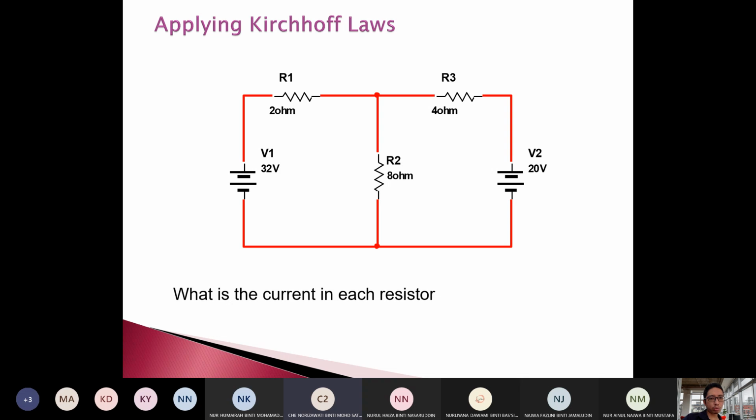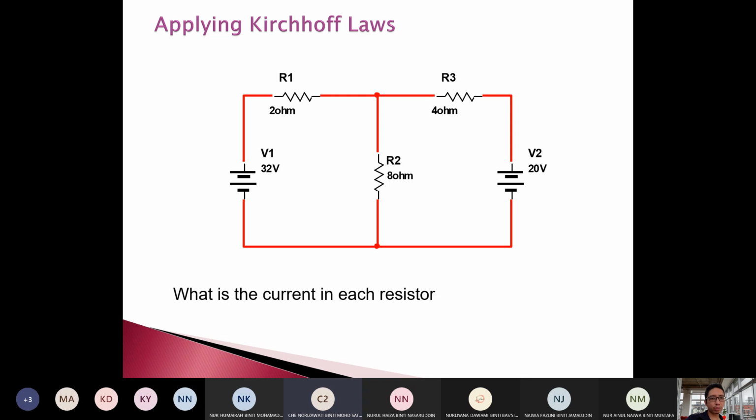So 32 equals 10 I1 plus, what is your R2? R2 is 8, so 8 I3. Okay, so that's your first equation.